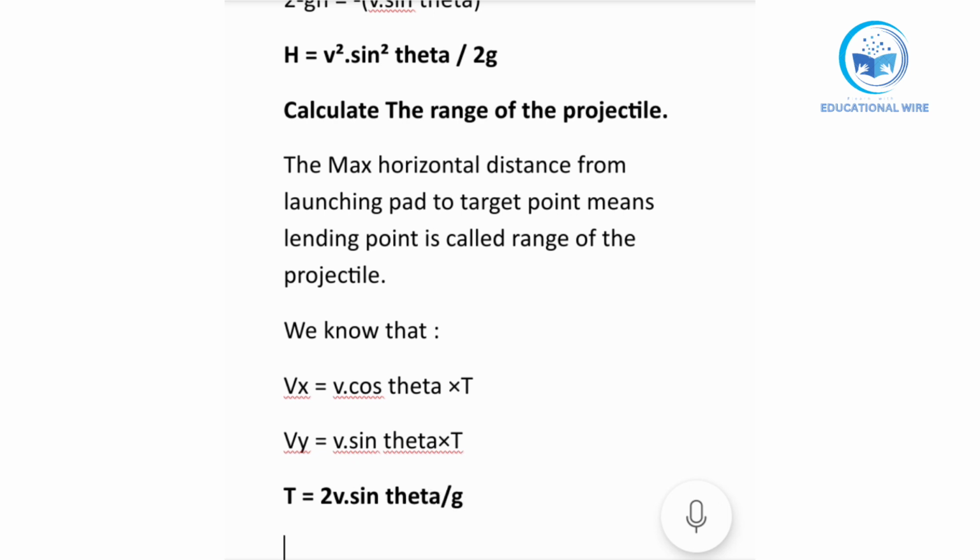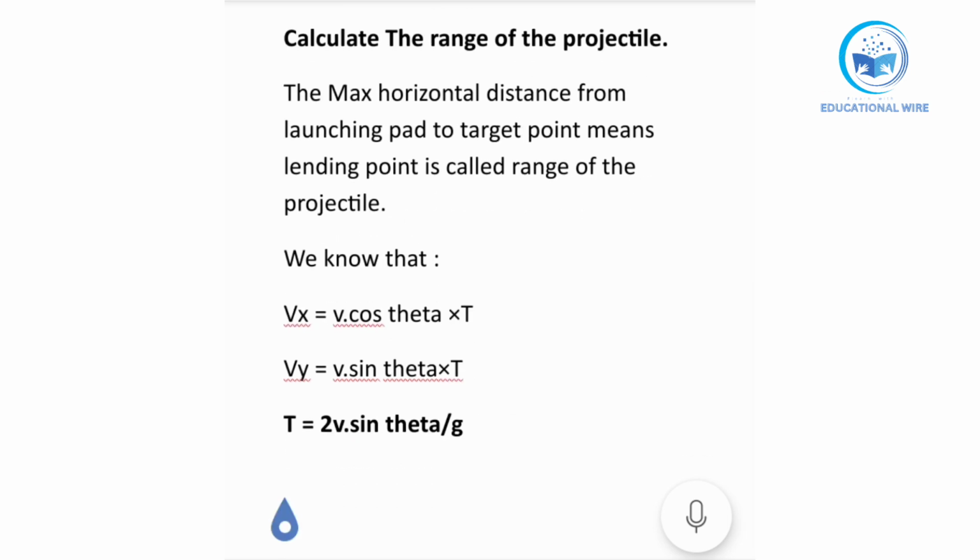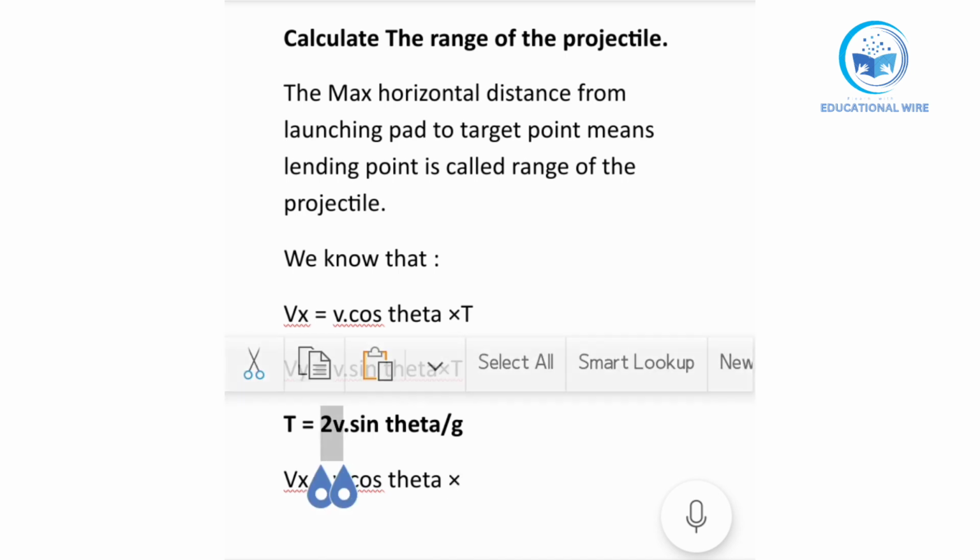Now we will put the same value here in place of t. So Vx is equal to v cos theta into, I should copy this one.